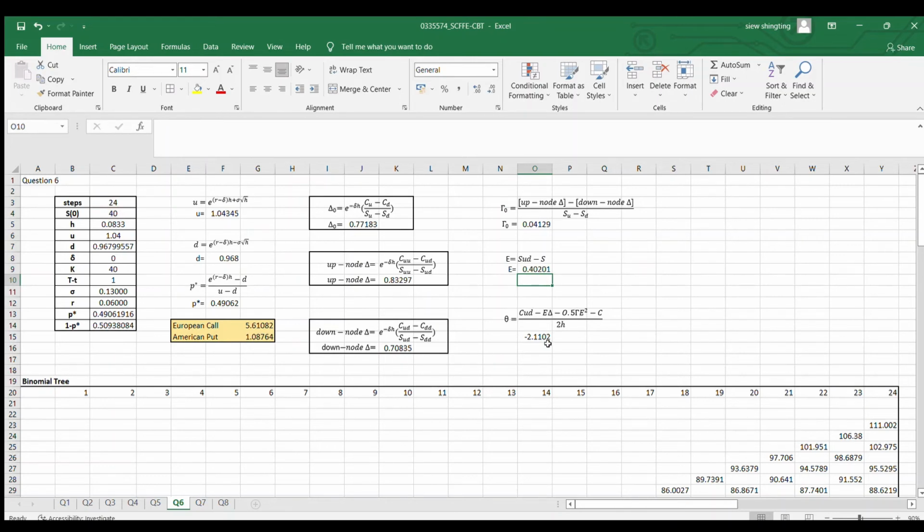So after that, for theta, it is CUD minus E delta minus 0.5 times gamma E square minus C, divided by 2H. So here it equals negative 2.1102. So it's from here, C100.